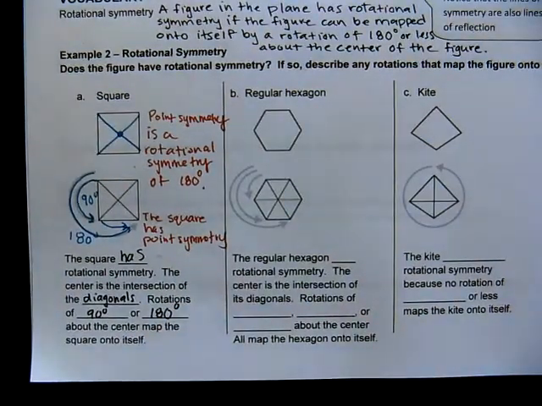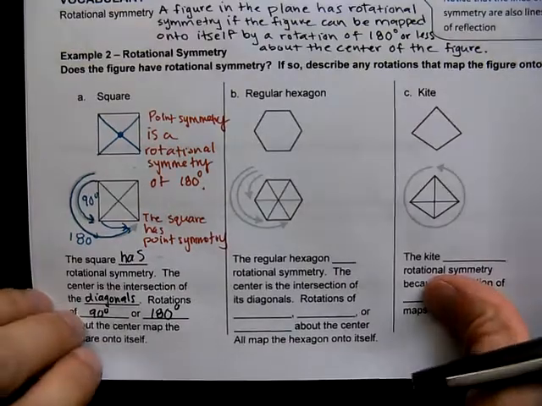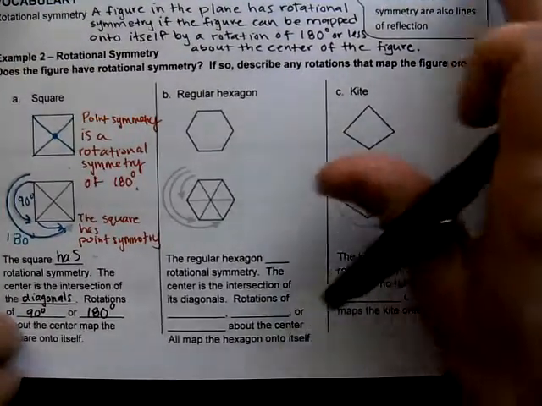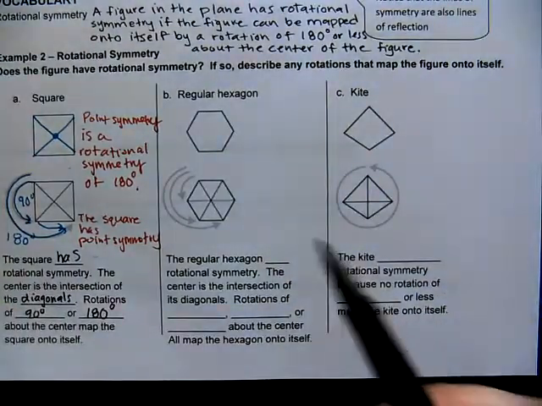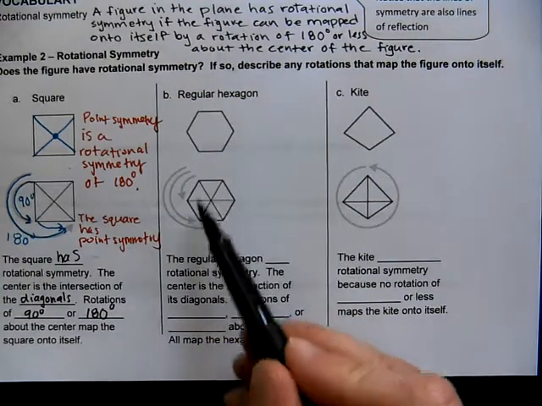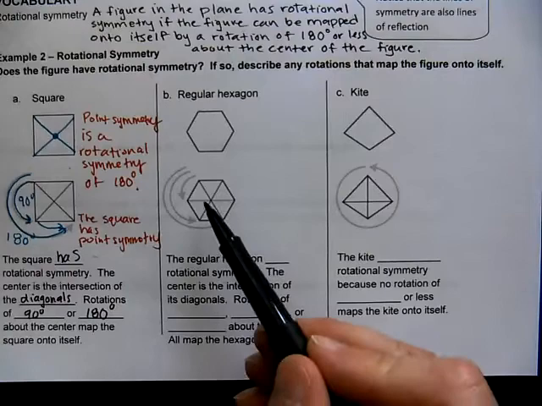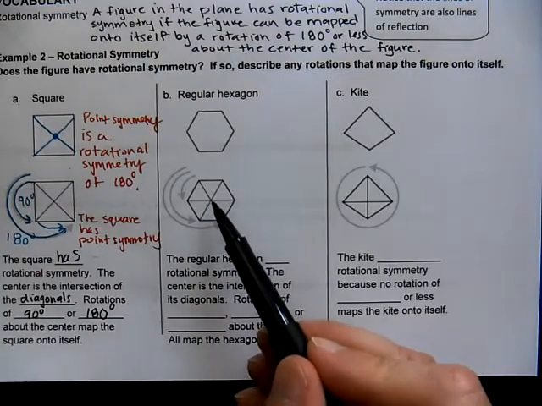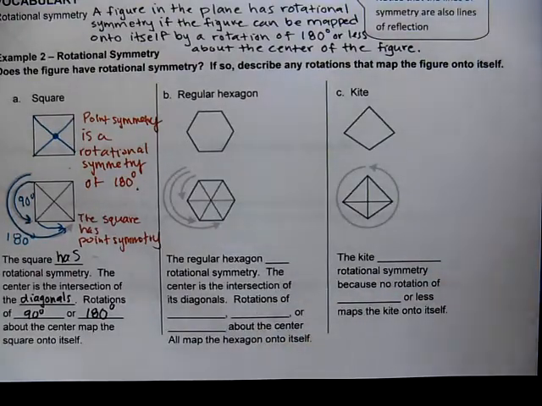Let's take a look at our hexagon. Here, this regular hexagon means that all the sides are the same length, all the angles inside are the same size, the same measure. Once again, notice that they have drawn the diagonals here, and where the diagonals intersect, that's the point of intersection. So that's the point about which we are rotating.